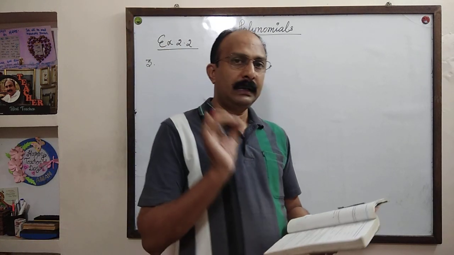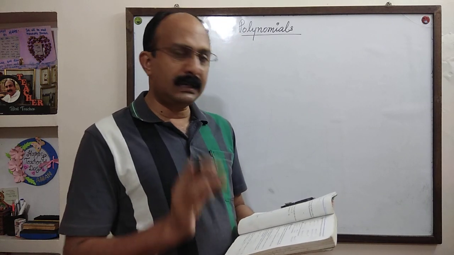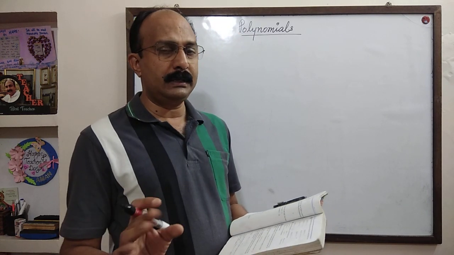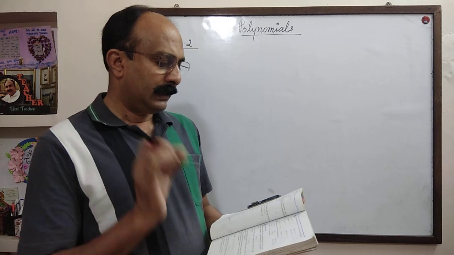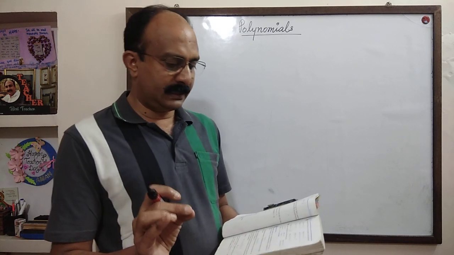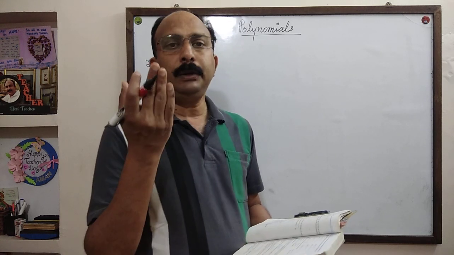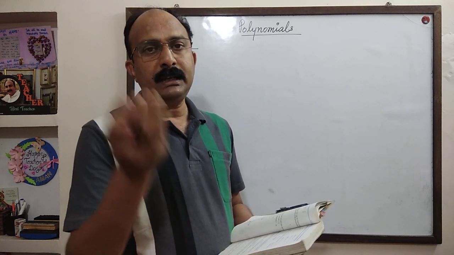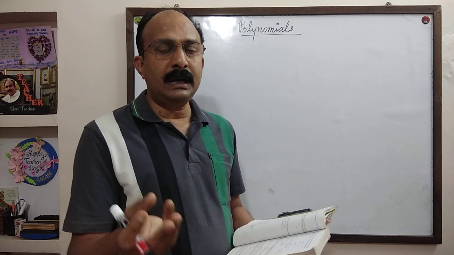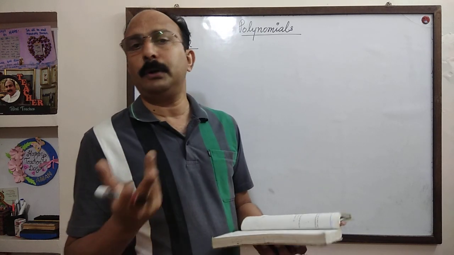In all these 8 questions there are different polynomials, and some values of x are indicated along with the given polynomial, and you have to check whether that given value of x is the zero of the given polynomial or not.